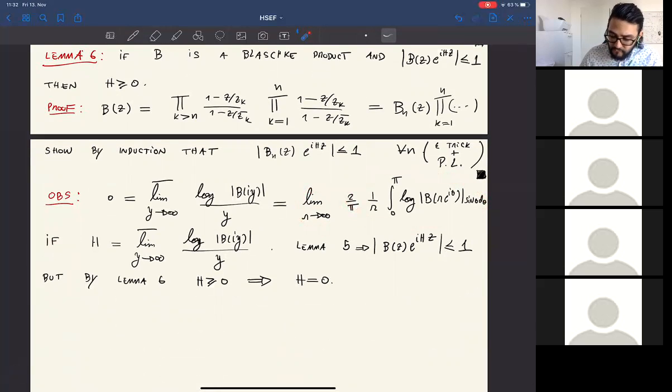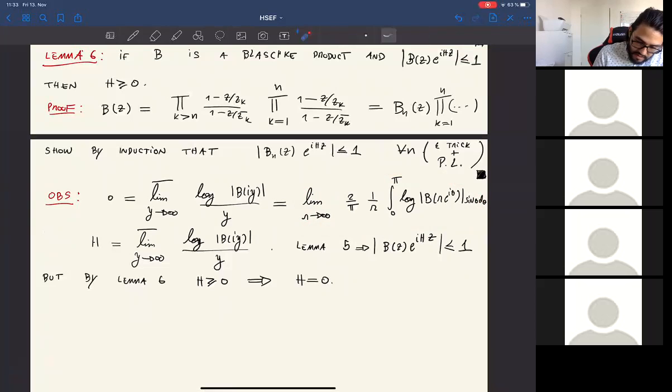And then lemma 4 will show that this thing is still bounded by 1. But then lemma 6 will show that H is 0. So you show that the lim inf of this quantity is 0. But this quantity is always less or equal than 0. So therefore, the limit actually exists and it equals 0. Okay, so these are things easy to show.